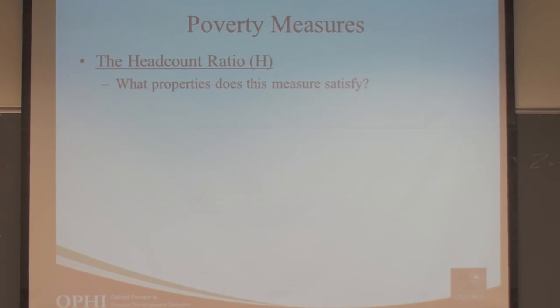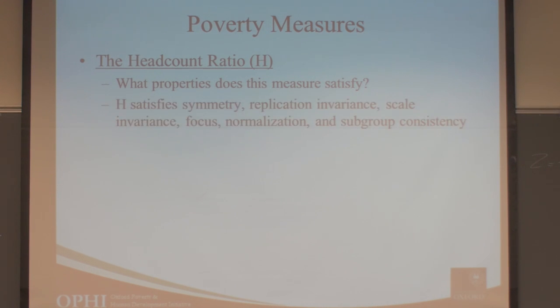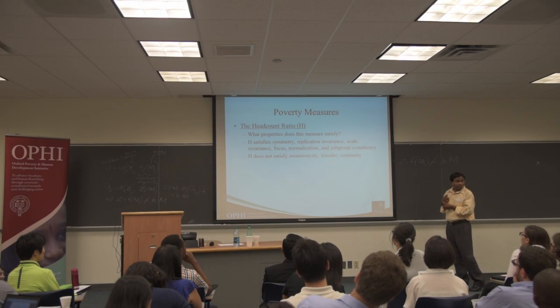Now the question, what properties does this measure satisfy? Because when you are designing a measure, you need to know how it will behave when there are some changes. H satisfies symmetry, replication invariance, scale invariance, focus, normalization and subgroup consistency. Not that bad in that sense. However, if you want it to satisfy these two, which are quite crucial, right?